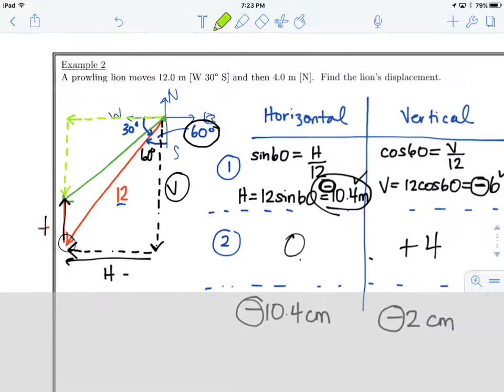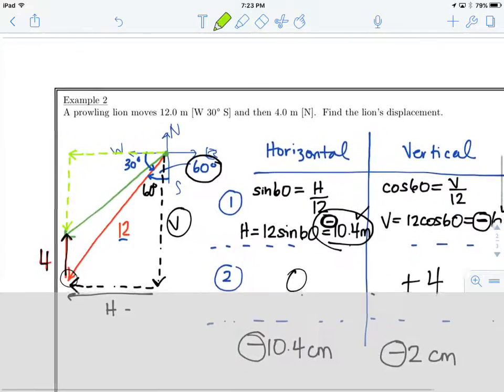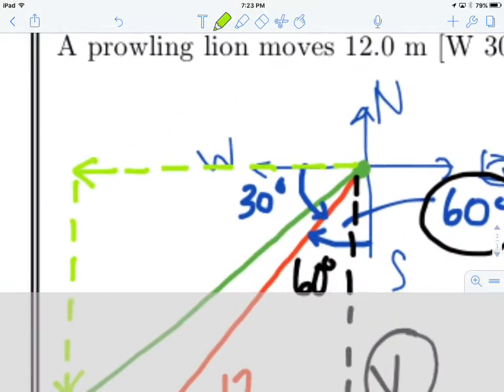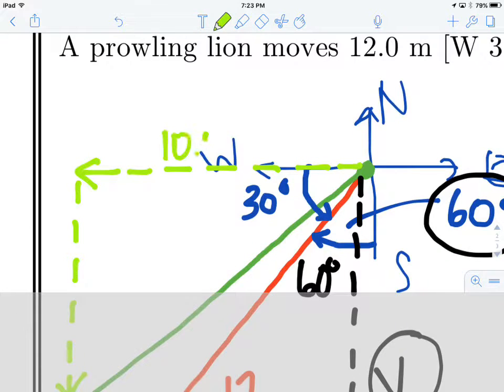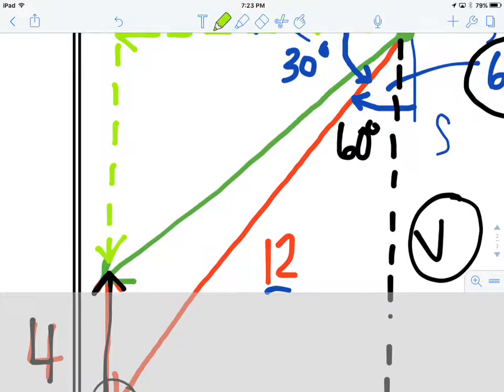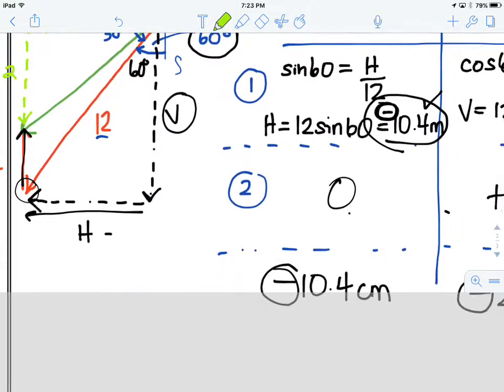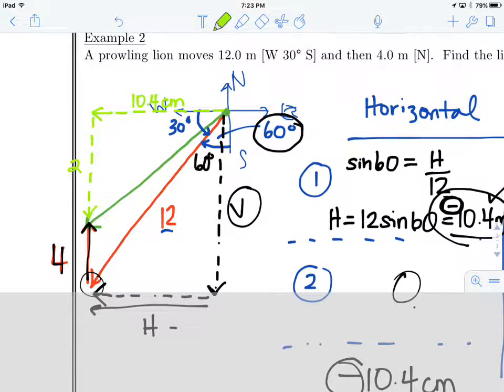This algebra tells us that this horizontal component, which is directed west, is 10.4 units long, and this vector, which is directed south, is 2 units long. Okay, so that's what we did all of this work for, was to solve for this and this.